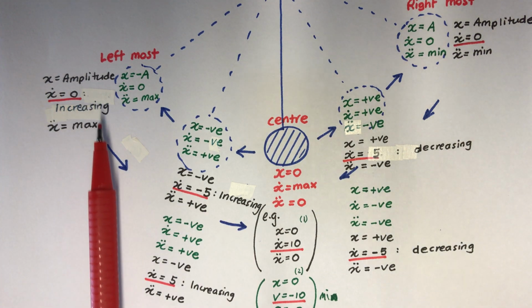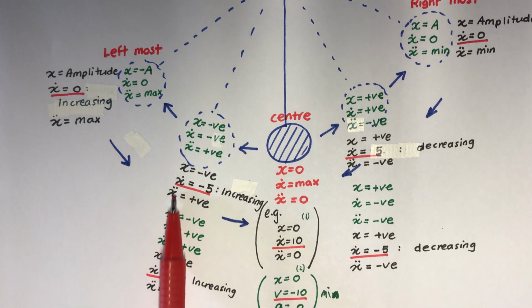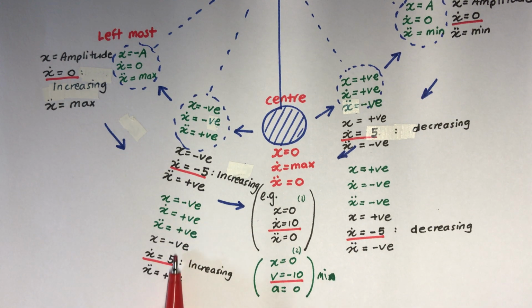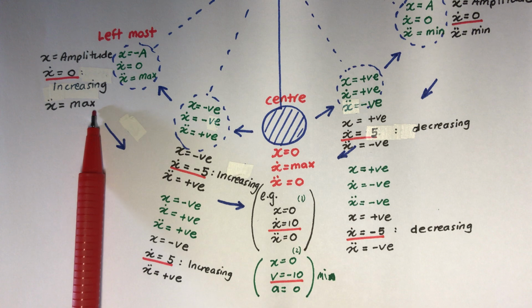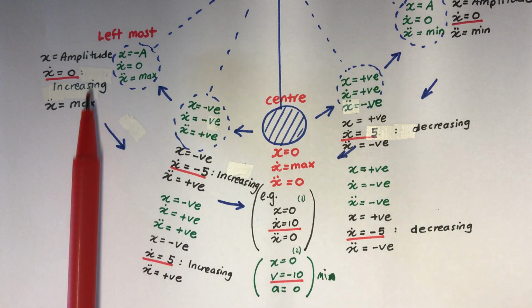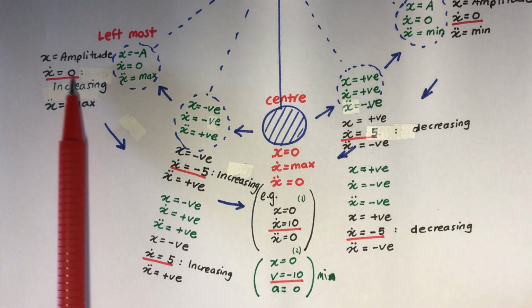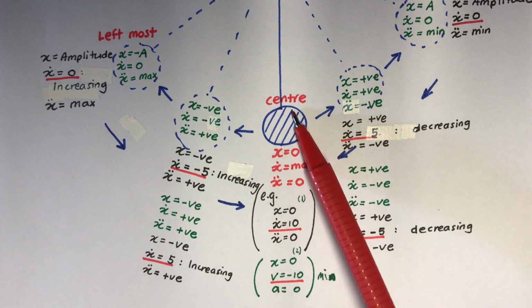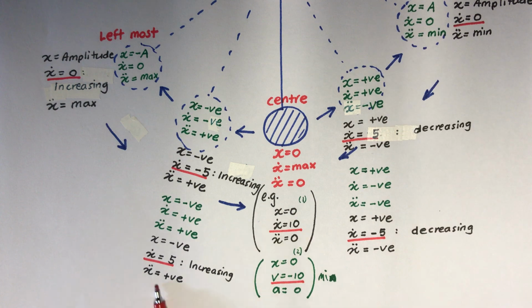And then it goes down, hits, and comes back, and the same thing happens here. This time velocity is 5, because it's going to the right, which means it's positive. When it was going to the right, it was positive, wasn't it?